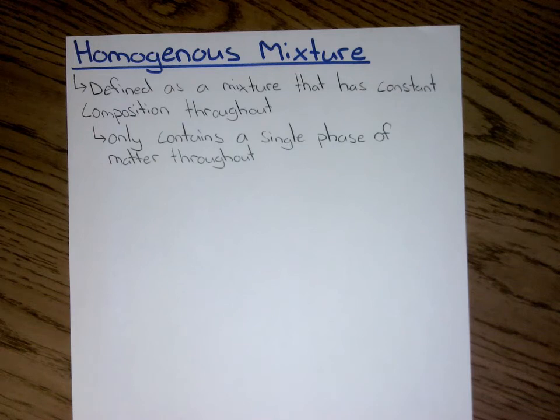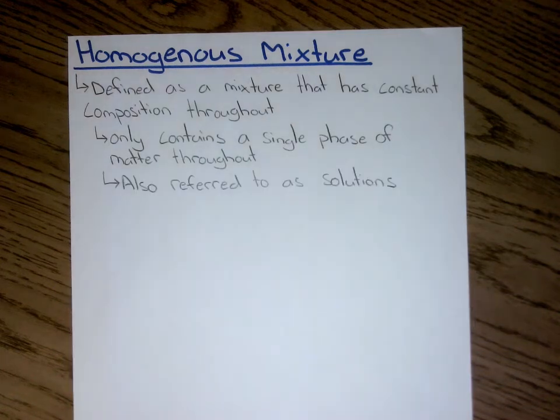Homogeneous mixtures are also referred to as solutions. Just because something is a solution or a homogeneous mixture doesn't mean it can't be any state of matter. So homogeneous mixtures can be solids, liquids, or gases.